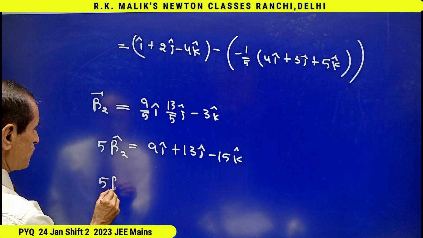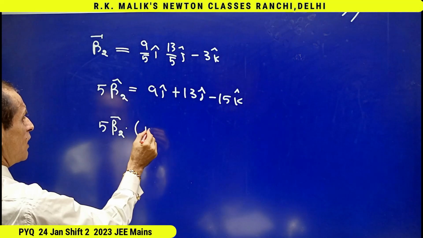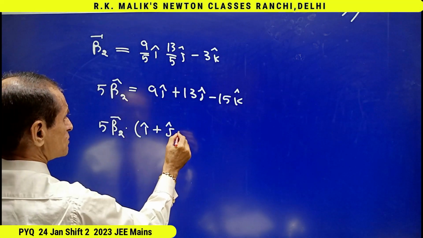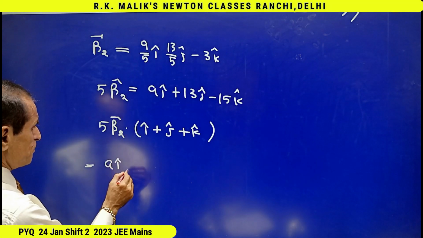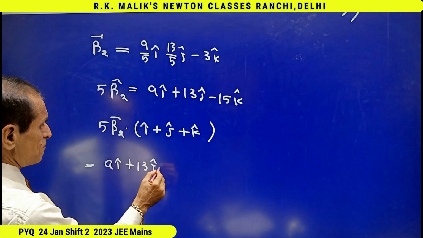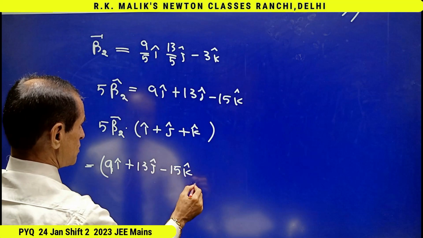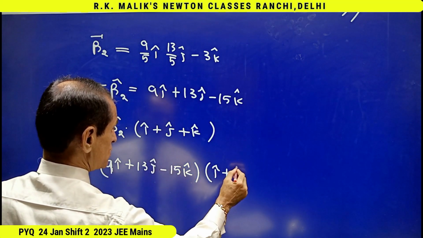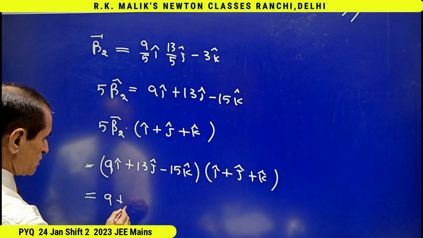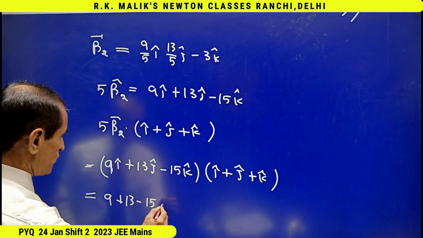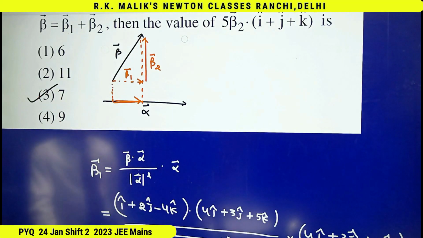Now 5 beta 2 vector dot i plus j plus k, I get 9i plus 13j minus 15k dot i plus j plus k is equal to 9 plus 13 minus 15, that is equal to 7. Hence I can say third choice is the correct choice.